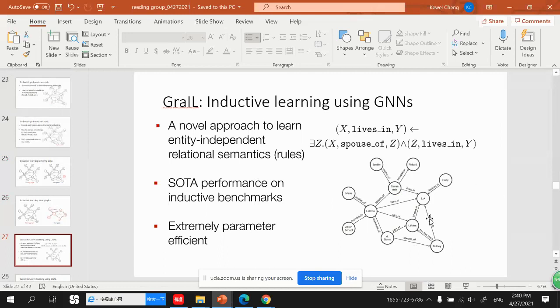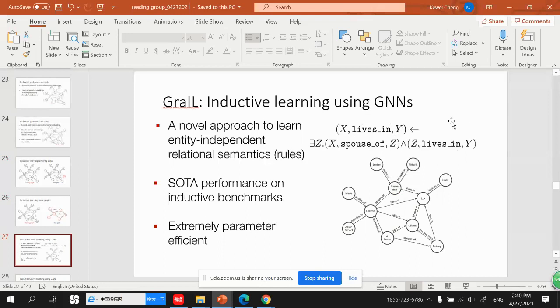For example, by observing this knowledge graph, we know that we can have such a logical rule, which describes that if X is the spouse of Z and Z lives in city Y, then it is reasonable for us to infer that X will also live in city Y. This kind of underlying logical rule is already contained in this training graph.